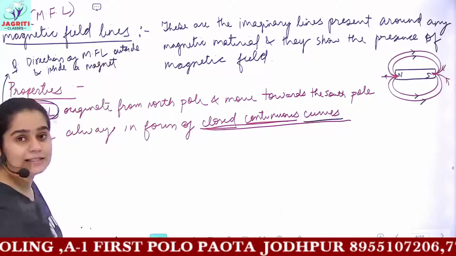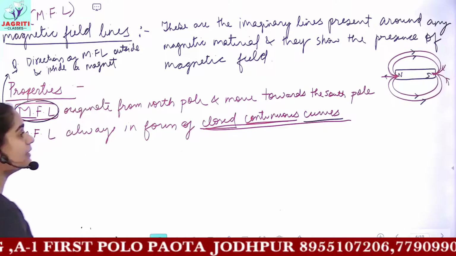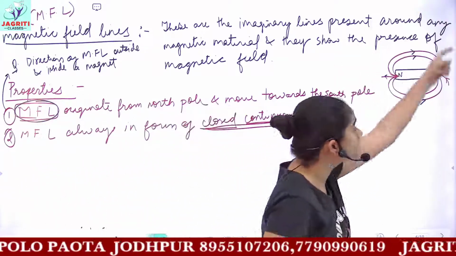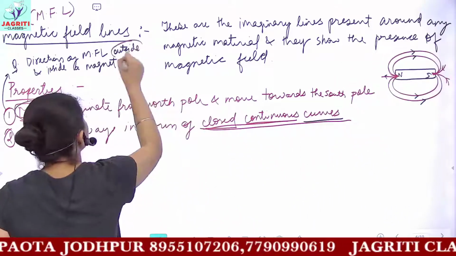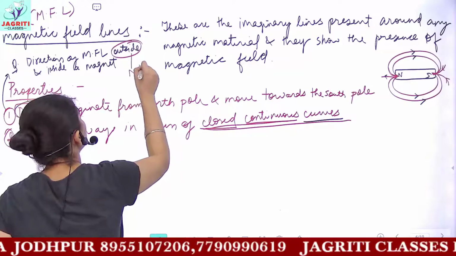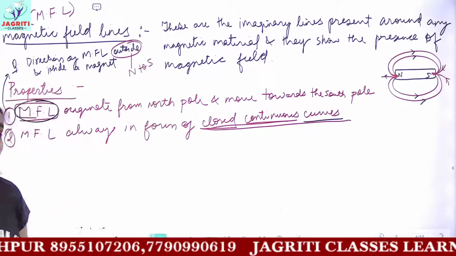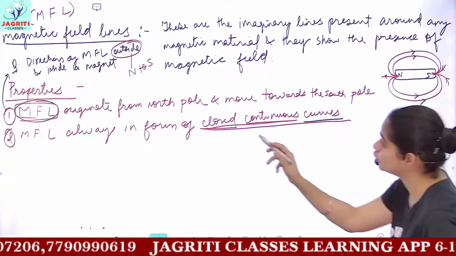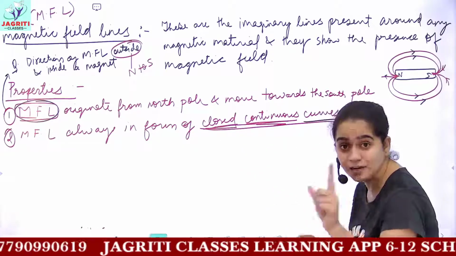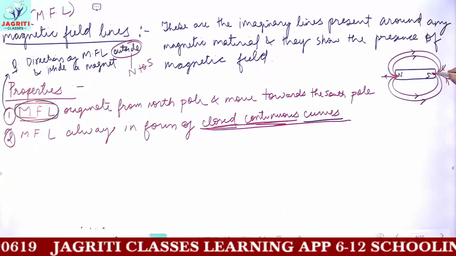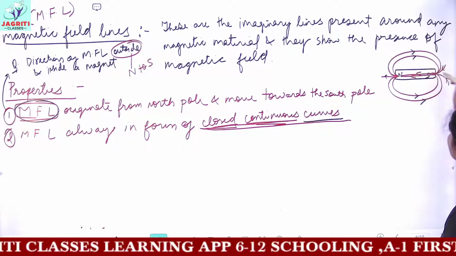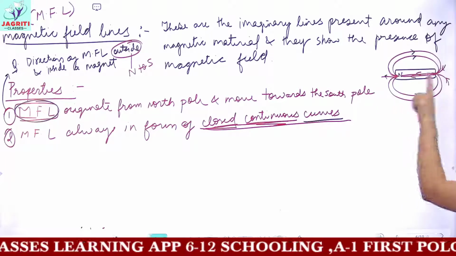So as you can see, the direction of magnetic field lines outside the magnet is from north to south. So outside the magnet, magnetic field lines move from north pole to south pole. But inside the magnet, these field lines, because they should be closed or continuous in nature, will move from the south pole to the north pole. So this would be the direction of magnetic field lines inside the magnet.